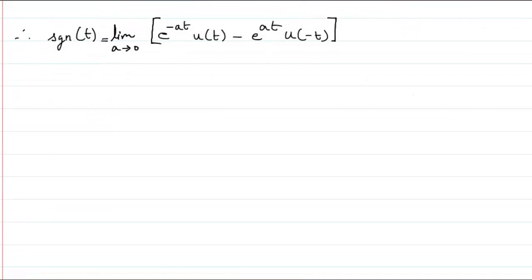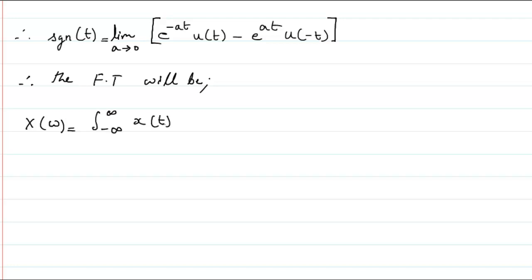Now, based on this I can try to find out the Fourier transform. We know the equation of the Fourier transform: X of omega is equal to the integral from minus infinity to infinity of x of t e raised to power minus j omega t dt, where I am going to substitute this equation.